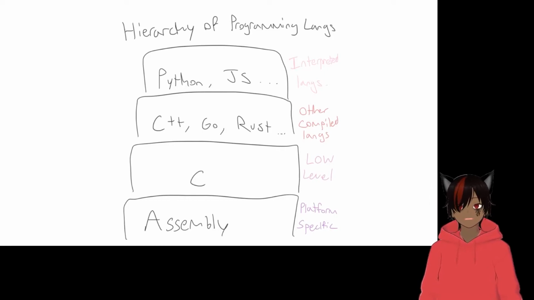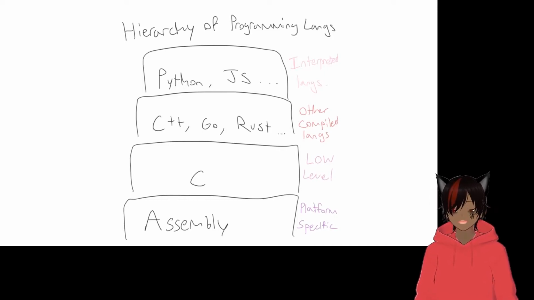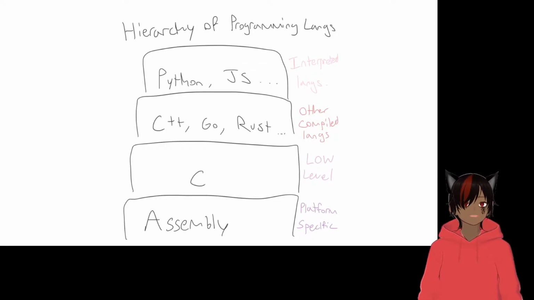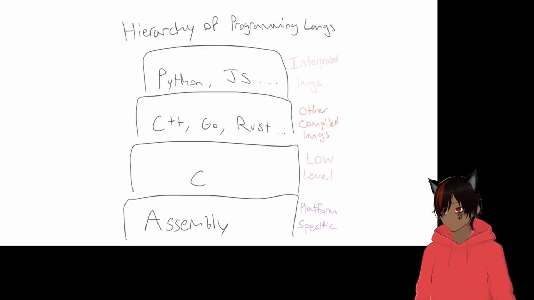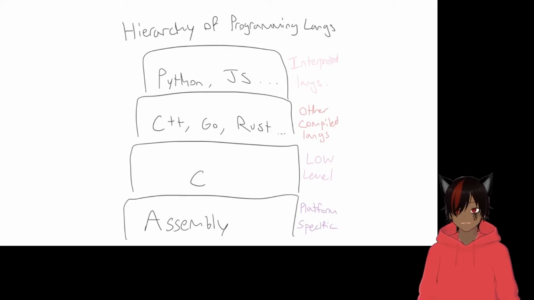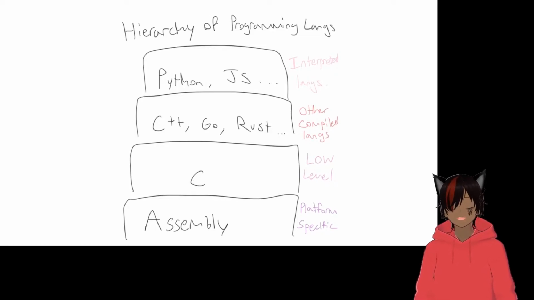And the opposite is true for something like Python or an interpreted language. Those languages are super fast to develop in, super powerful, but slow relative to something like C or assembly. That's the trade-off you make.